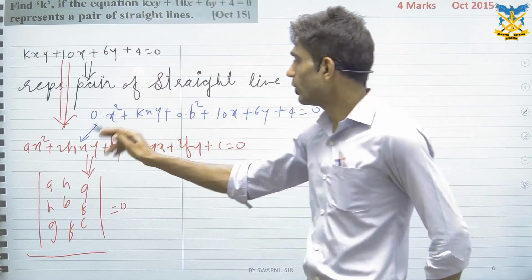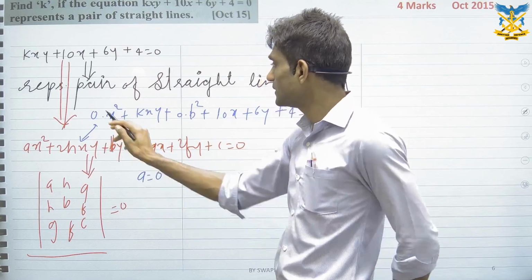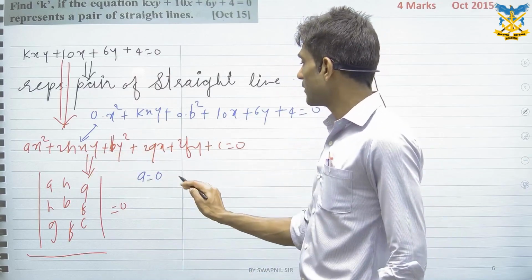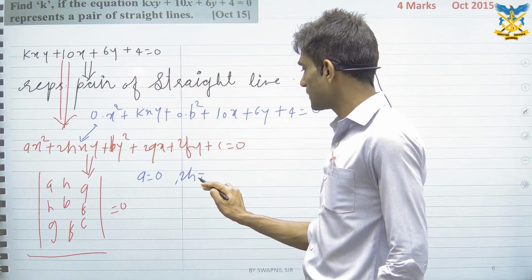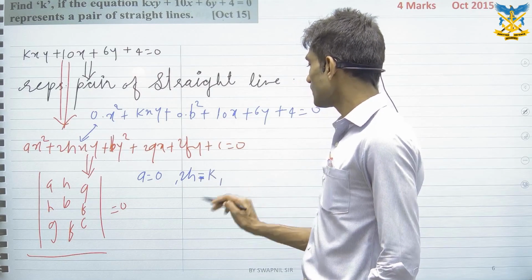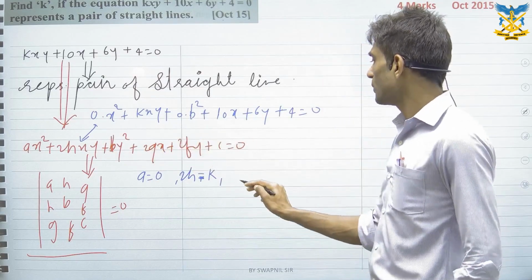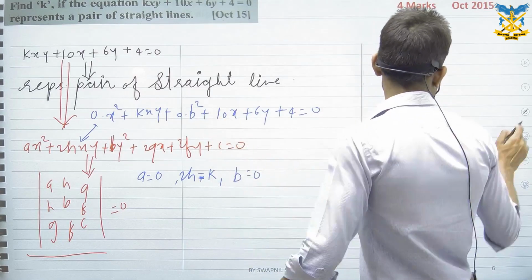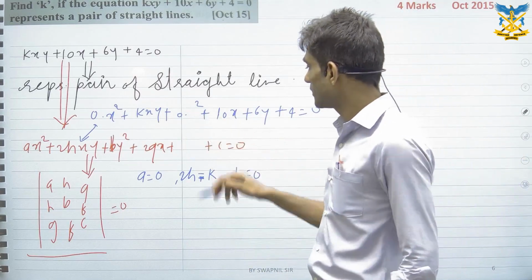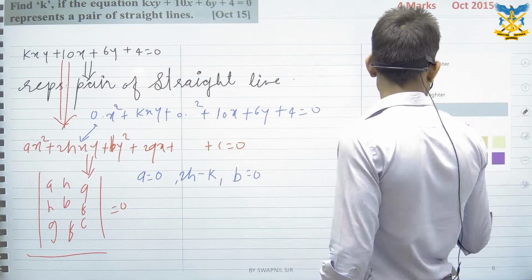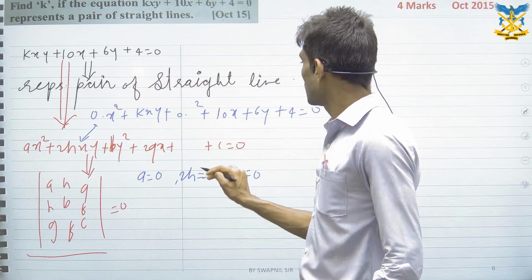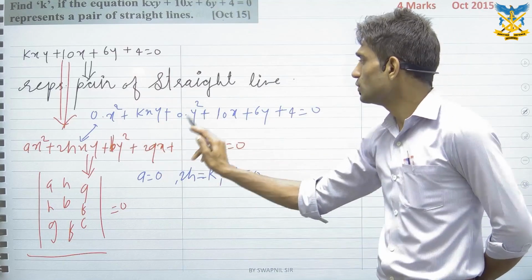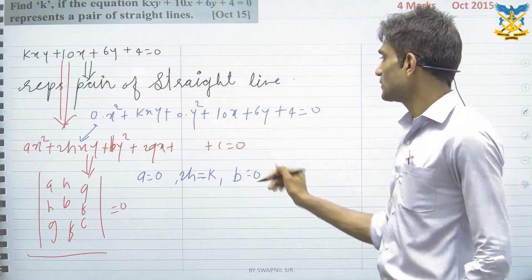So the value for a is 0, because x² is 0 into x², that means a is 0. Twice of h is equal to k, we get that as the next term. After that by² is equal to 0 y², so that means b is 0. Twice of gx is equal to 10x, so the next term, twice of g, is equal to 10.